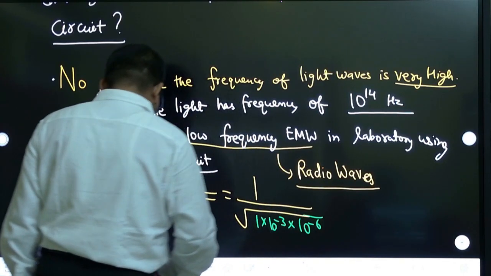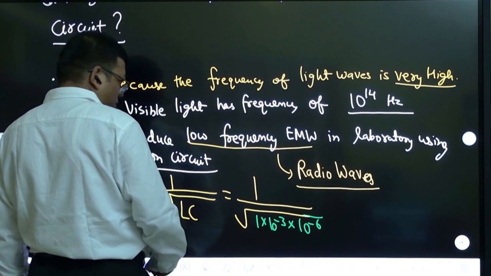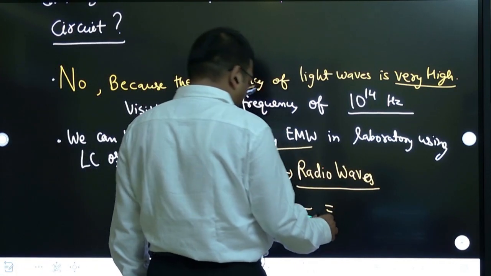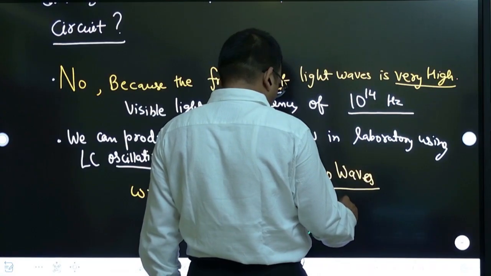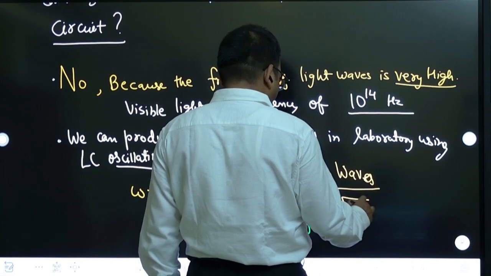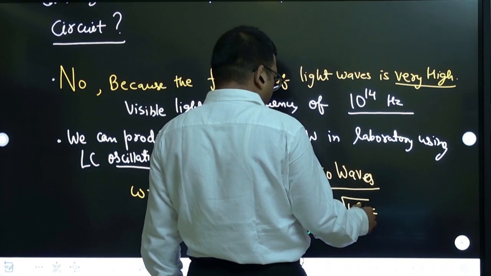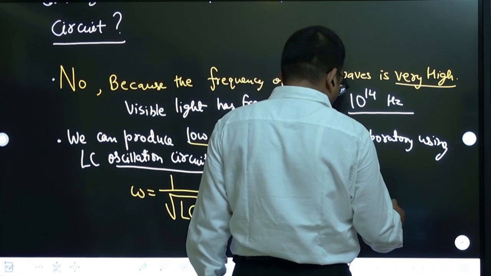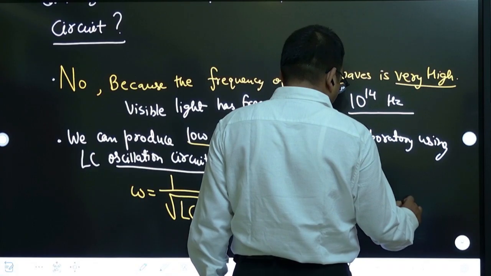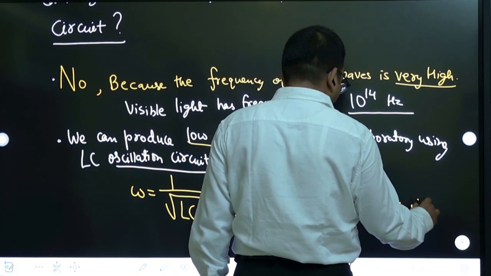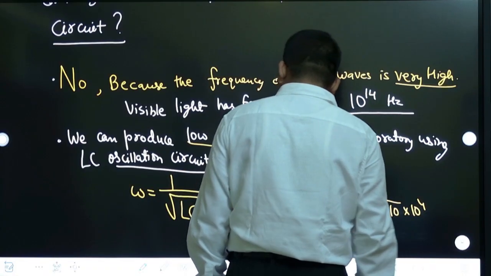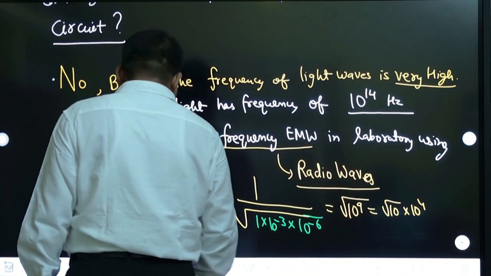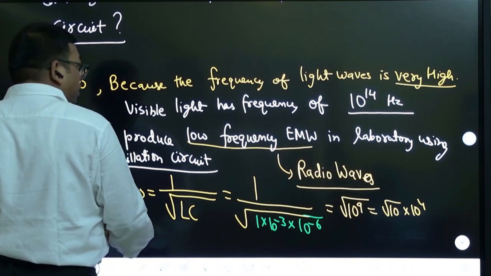So how much will it become? This will be 1 by root under 10 to the power minus 9. You can take 10 to the power 8, 10 to the power 4 common, root 10 into 10 to the power 4, right? Radian per second. And frequency is in hertz.